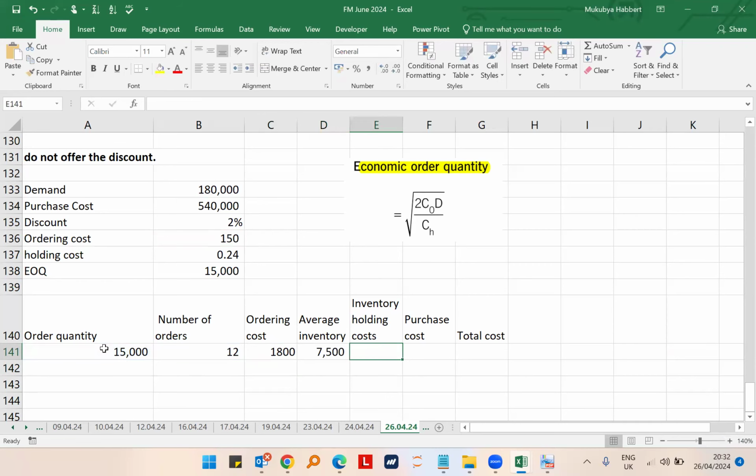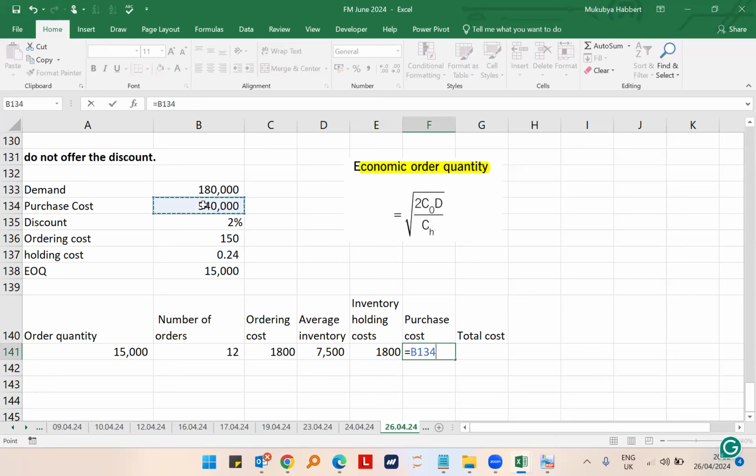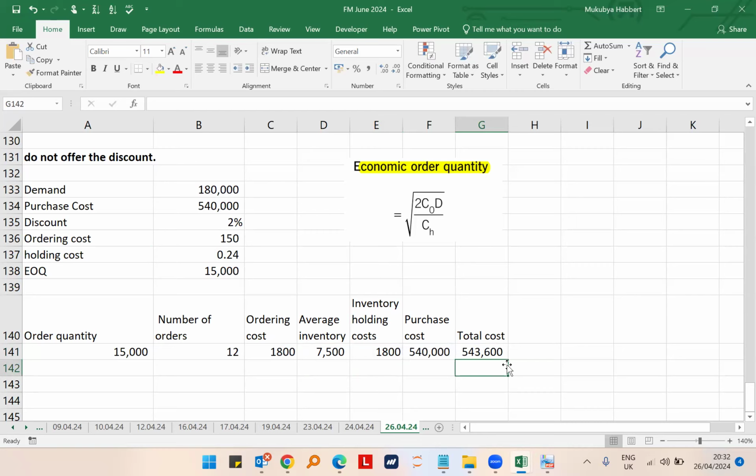We saw why that's the case, because you start from 0, then you order 15,000 units, then you drag until when you go back to 0, and then you order again. Now, it means that inventory holding cost is 24 cents multiplied by the average inventory. Now, the purchase cost is 540,000. Total cost is going to be ordering cost plus inventory holding plus the purchase cost, which gives us 543,600.